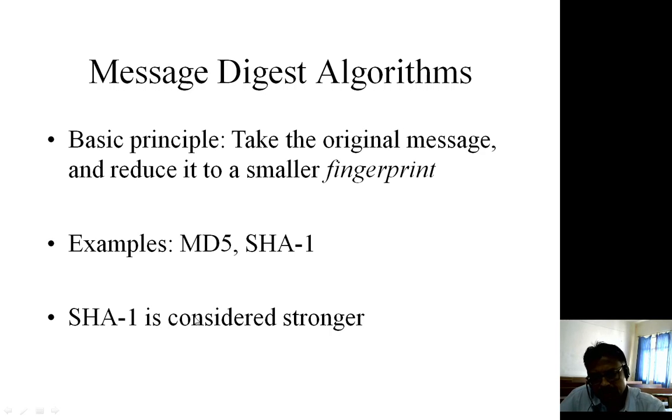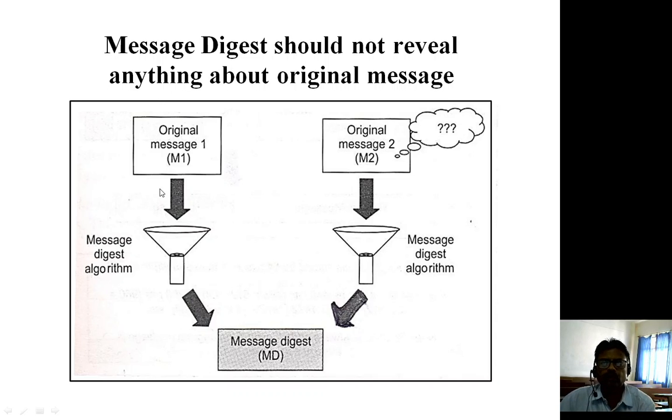The secure hash algorithm is considered to be stronger than the message digest algorithm. This is the same illustration: the message digest should not reveal anything about the original message. If we have the original message, we get the message digest, but by knowing the message digest, it is very difficult to find out what the original message is.